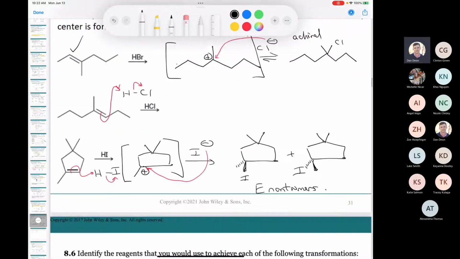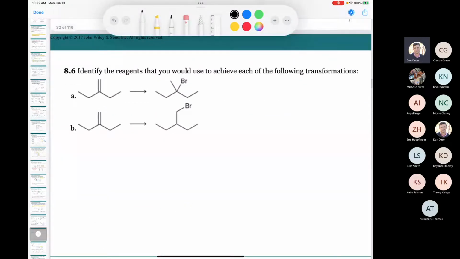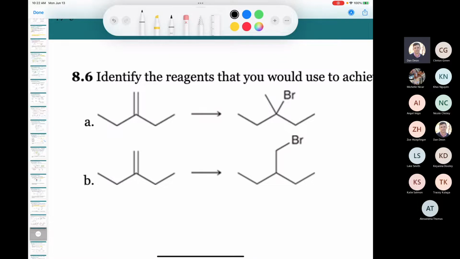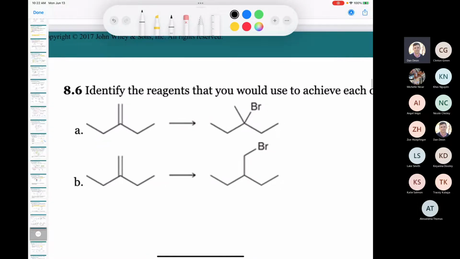Next, we're going to take a look at question 8.6, which asks us to identify the reagents that you would use. If we look at A, could I ask you, in A, is the hydrohalogenation occurring via a Markovnikov or an anti-Markovnikov addition?